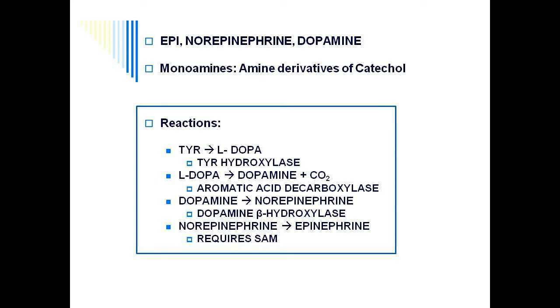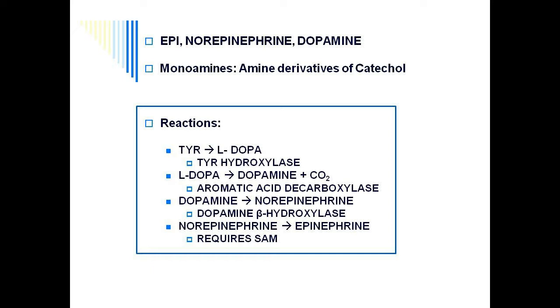So coming to the biosynthesis of monoamine neurotransmitters, epinephrine, norepinephrine, and dopamine, these are biosynthesized using tyrosine as the substrate. So the reactions are shown here in this box, wherein the first reaction, tyrosine to L-dopa, is catalyzed by tyrosine hydroxylase.